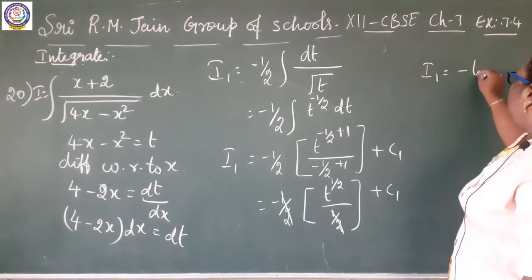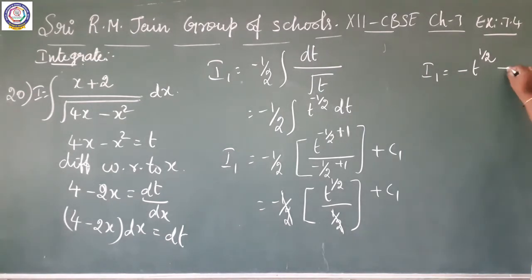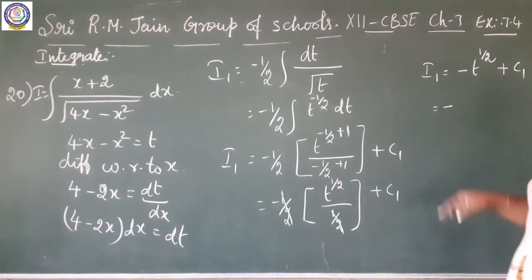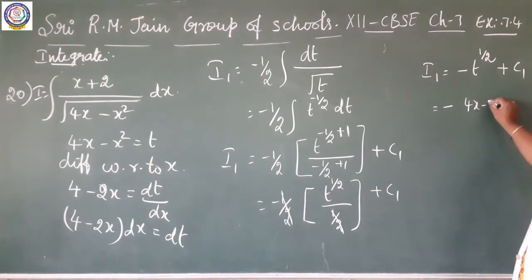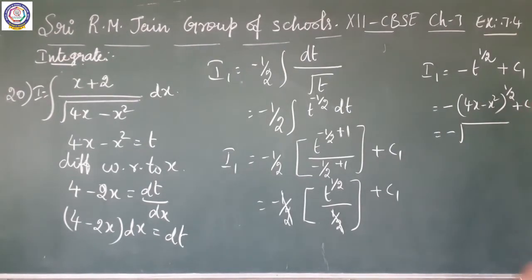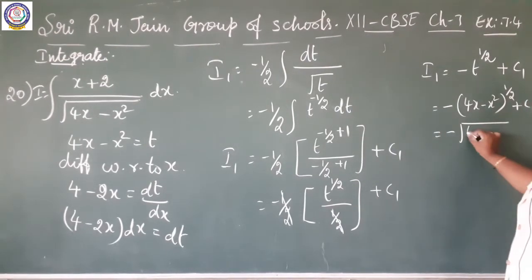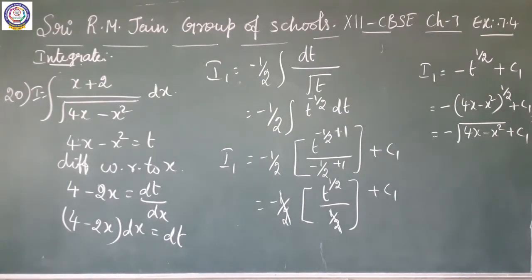I1 equal to minus t power 1 by 2 plus C1. What is the value of t? t is (4x minus x square) whole power 1 by 2 plus C1, or otherwise you can write it as minus root of 4x minus x square plus C1.